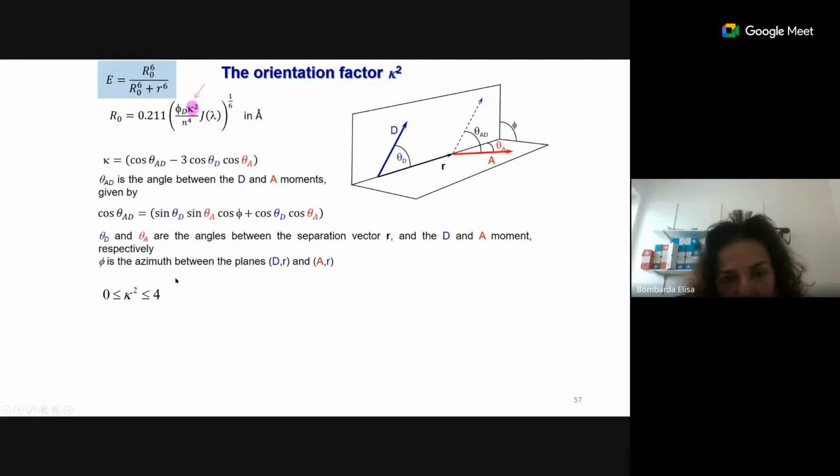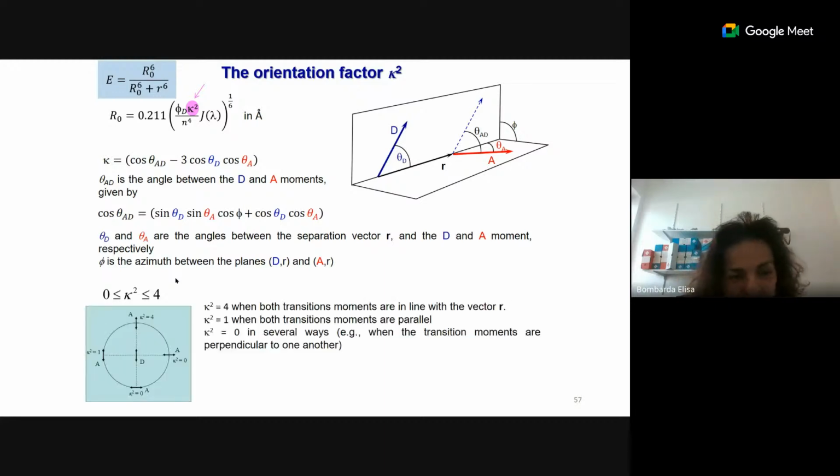And we can see that considering all the possible configurations, the orientation factor is between 0 and 4. And in particular, 4 is when both transition moments are in line with the vector. And 0 can actually occur in several ways, when, for example, transition moments are perpendicular to one another.